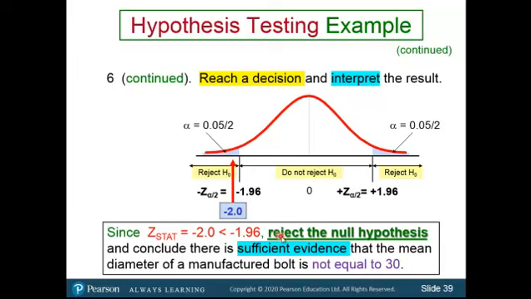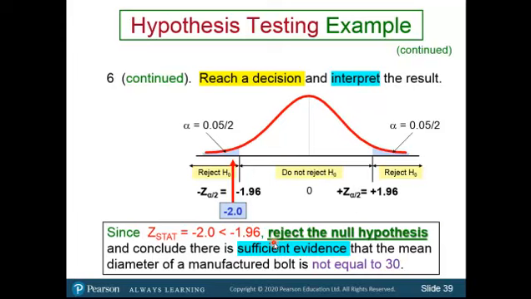When we reject the null hypothesis, we write the conclusion as there is sufficient evidence to reject. If we fail to reject the null hypothesis, then we write the conclusion that there is not enough evidence to reject.